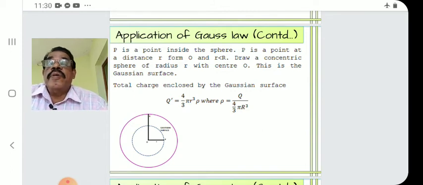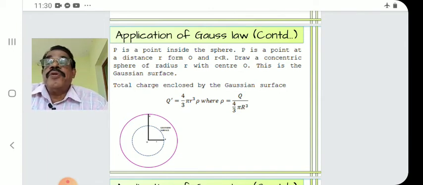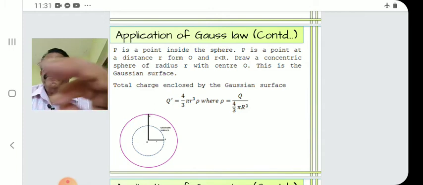Its volume is 4 by 3 pi capital R cubed. Therefore, the volume charge density rho is q by 4 by 3 pi capital R cubed. When we multiply rho with the volume of the sphere enclosed by the Gaussian surface, the charge q dash is 4 by 3 pi small r cubed into rho.